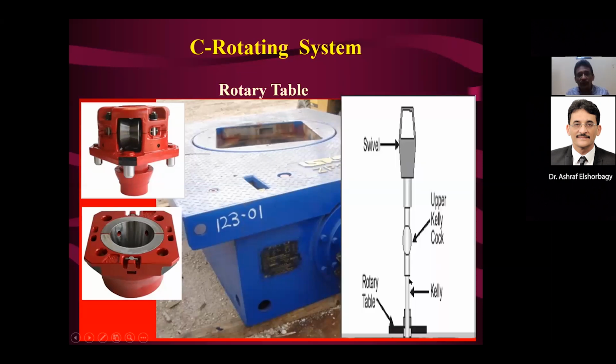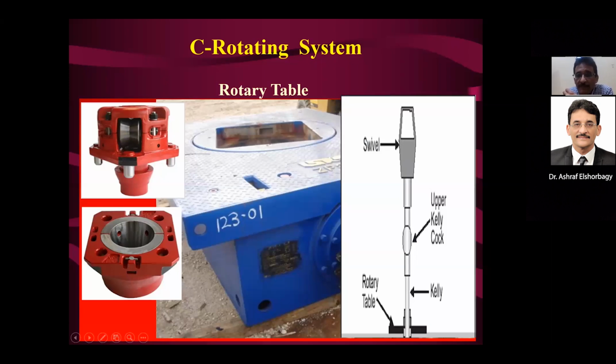So the rotation at the bottom comes by starting to rotate the rotary table. The master bushing will rotate, the key bushing will rotate, the key will rotate, and the key is connected to the pipe, the drilling pipe or the string, so we can rotate the string and the bit. That's the rotating system.